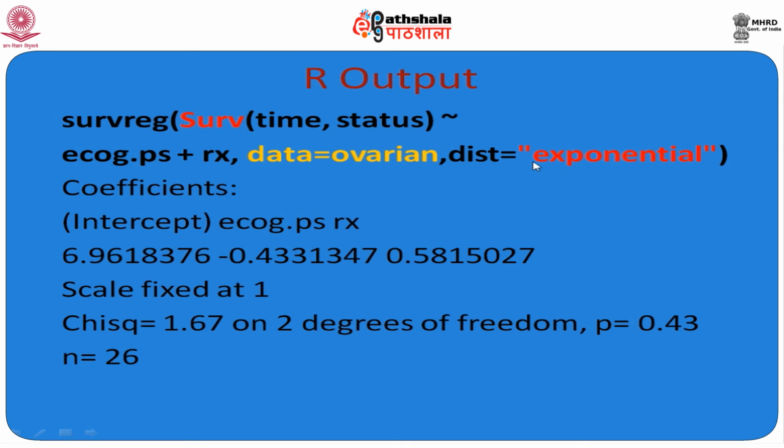If you have a dilemma about which distribution you will choose, exponential or Weibull, then both distributions can be selected separately by dist equals exponential, and after that dist equals inverted comma weibull. Thereafter we may check their comparable AIC value, the minimum AIC value, the model having that can be selected as the best suited distribution in that scenario.